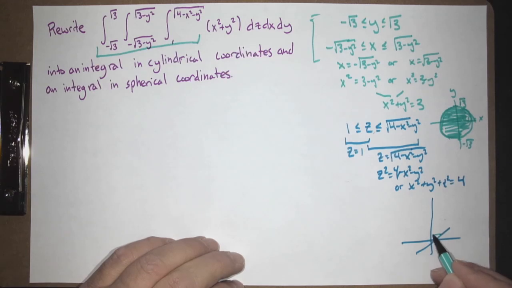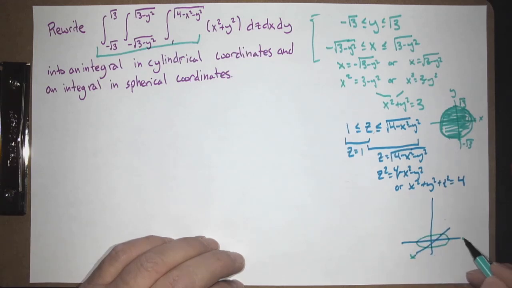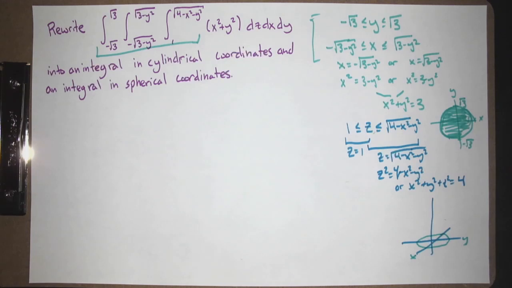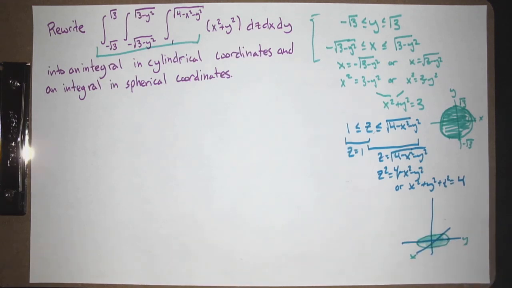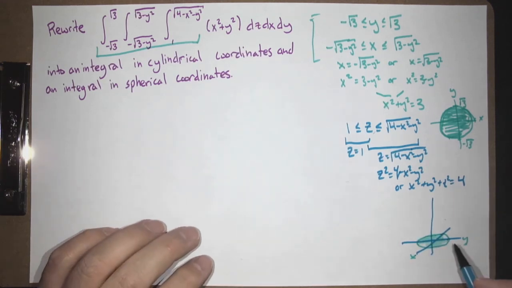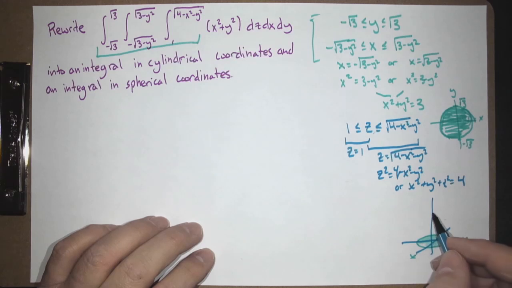Downstairs in the xy plane, I'm going to mark our circle of radius root 3. It's not part of our solid, but our region lies above this part. Then we have our sphere, which has radius 2.